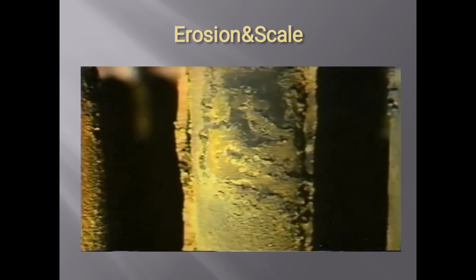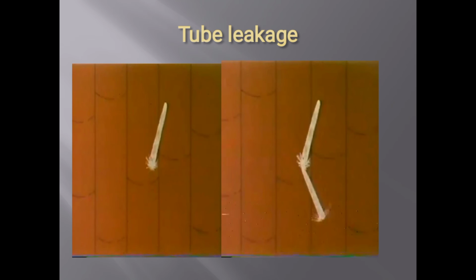Next one is erosion and scale. You can see the surface of a superheater tube which has eroded due to the high flue gas velocity, and you can also see the scaling and deposits. These problems are very common in the superheater. Next one is the tube leakage.